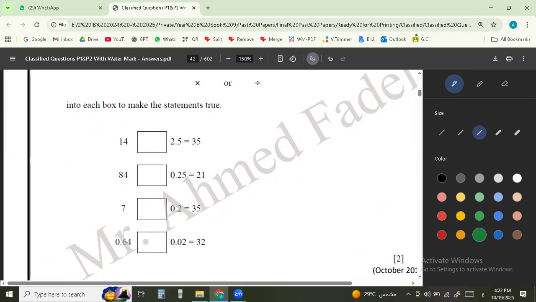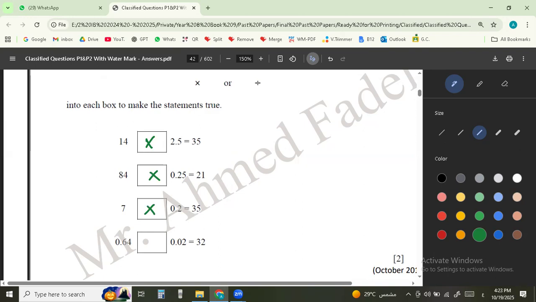So here, the answer got bigger. So definitely I'm multiplying by greater than 1. If the answer got smaller, I'm multiplying by smaller than 1. Here, the answer got bigger. So, mister, if I say I'm multiplying, that's going to be a mistake. Why?